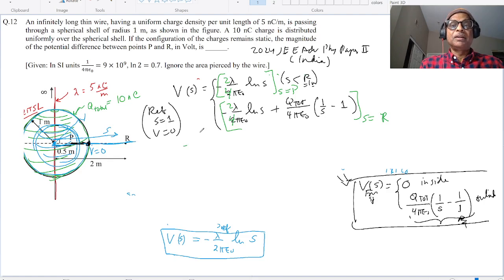Okay, so lambda is minus 5, and this is nano. Everything is nano. So I'm just going to leave that nano because this is nanocoulomb, and there's also nanocoulomb, so both of them will be nano. So minus 2 times 5 times 9 times 10 to the power 9 using this, and log 2.